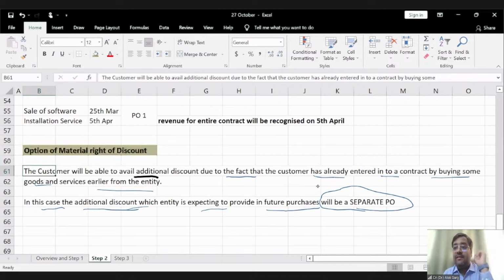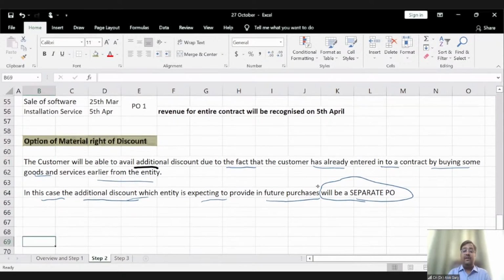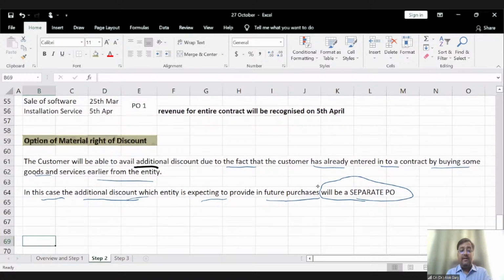If Taj Hotel is giving a 20% discount to everyone and has given me a 50% discount, then what is the additional discount? Is it the entire 50% or is it 50% minus 20%? It is 50% minus 20%. So 30% is the additional discount. So the additional discount which the entity is expecting to provide in future purchases will be a separate performance obligation. Clear? Is it clear?